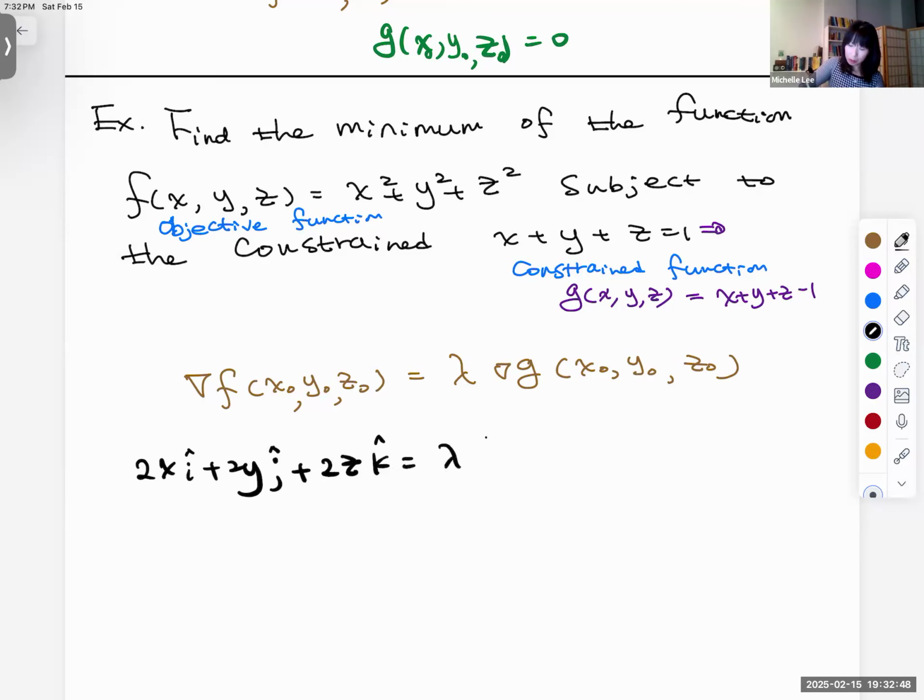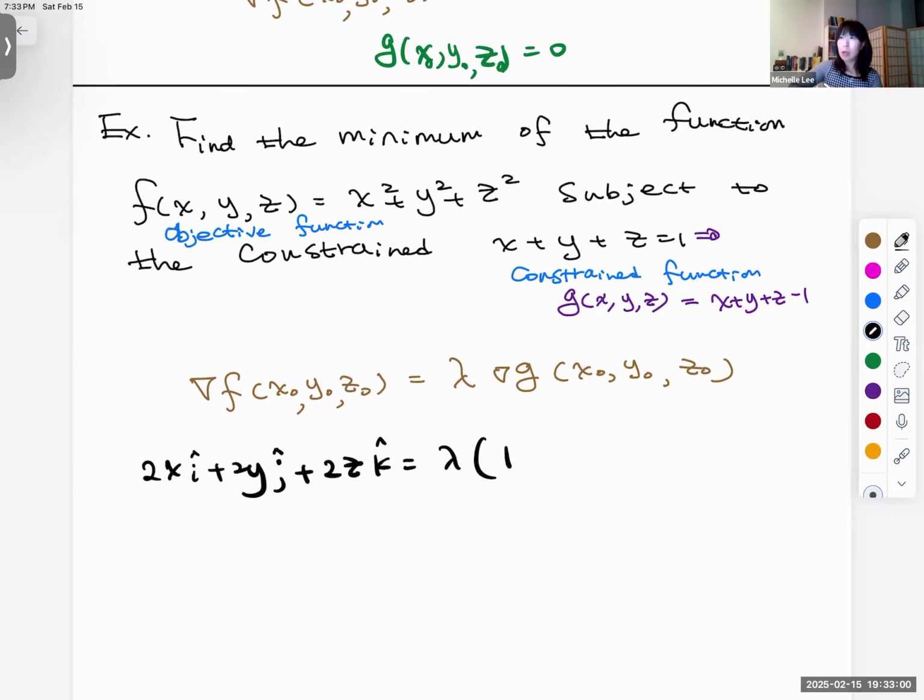Equal to lambda times the gradient of the constraint function. So the partial derivative with respect to x is 1, i; with respect to y, also 1, j; and k hat, right?